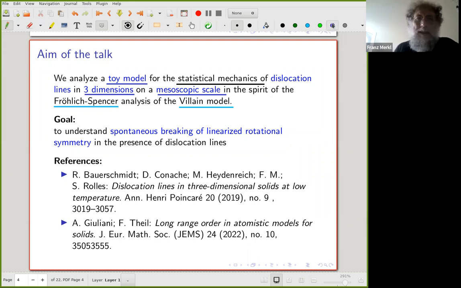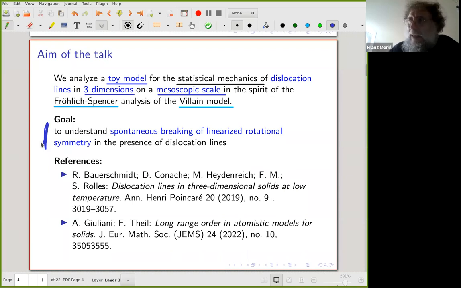Now, what is the goal of our work? So the goal is to understand how it comes that rotational symmetry is spontaneously broken. In fact, we are not looking at the full rotational symmetry, but in a linearized version.